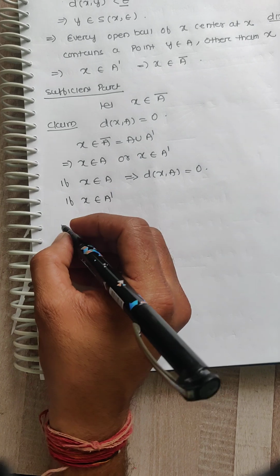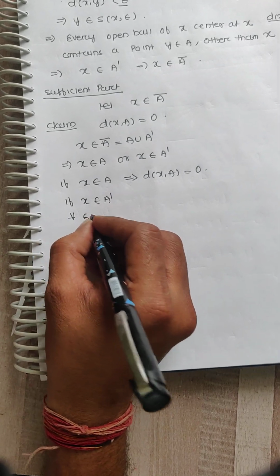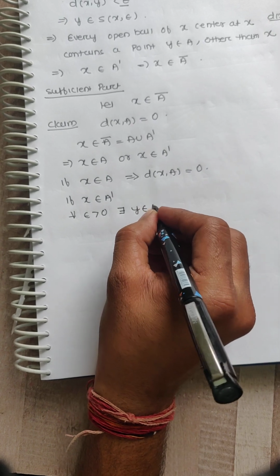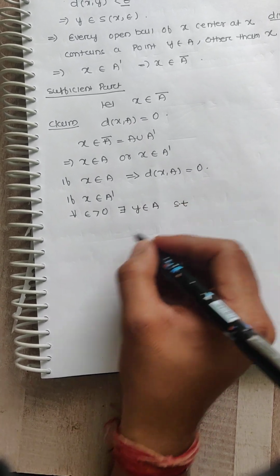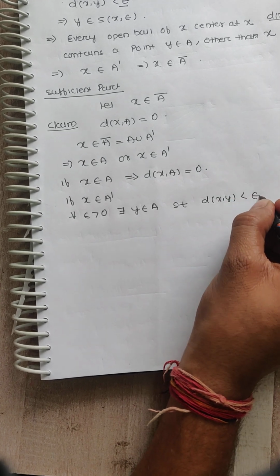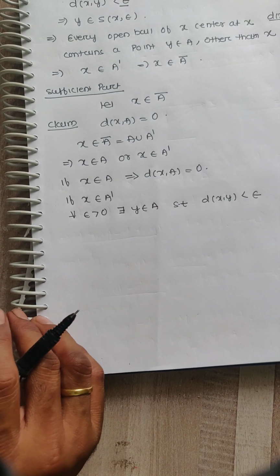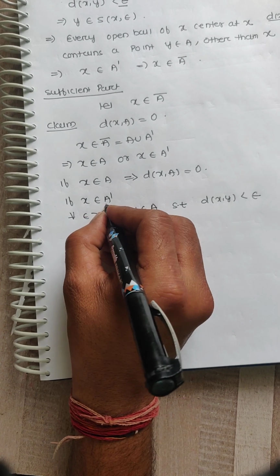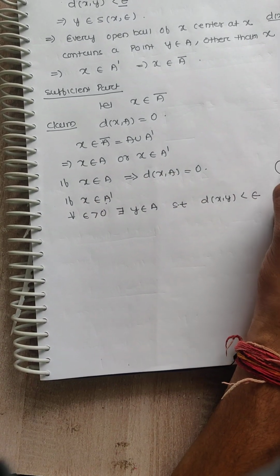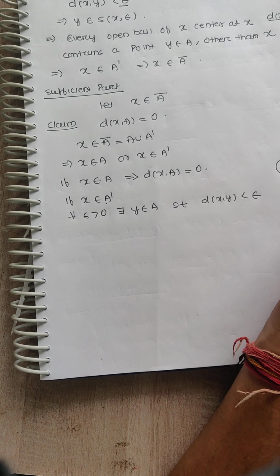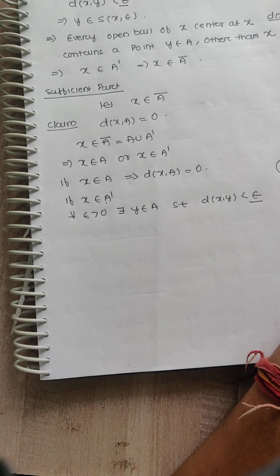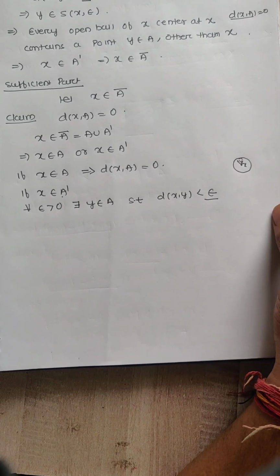x belongs to A prime, that means for every epsilon greater than 0, there exists a y belongs to A such that the distance between x and y is less than epsilon. What do you mean by this? x is a limit point of A, means every neighborhood of x contains an element y of A. So the distance between x and y is automatically less than epsilon.